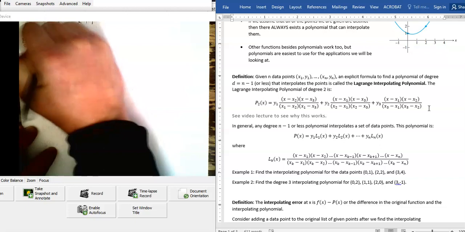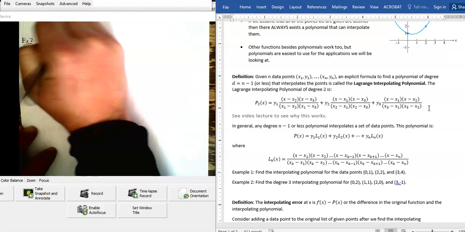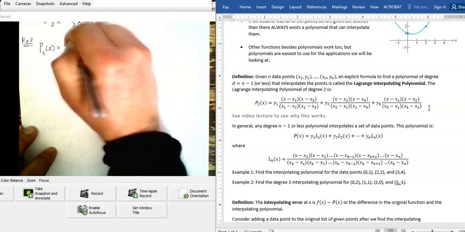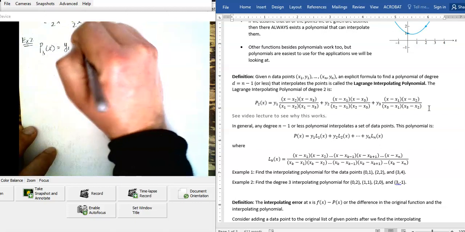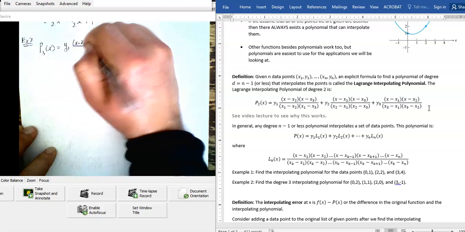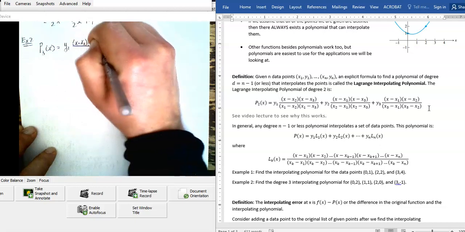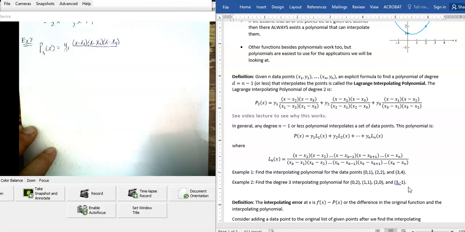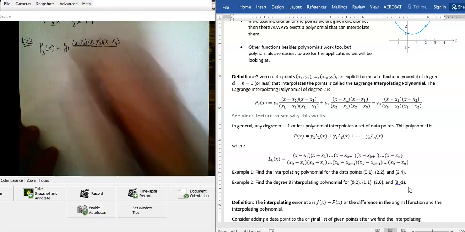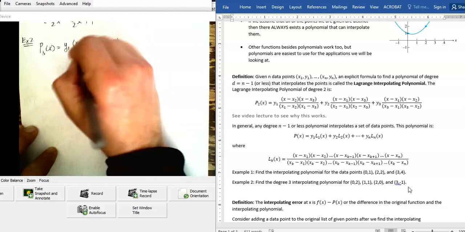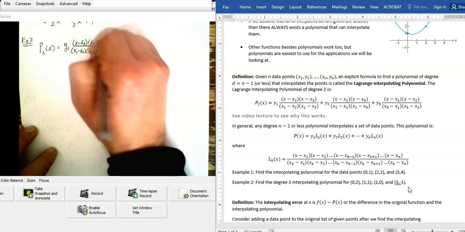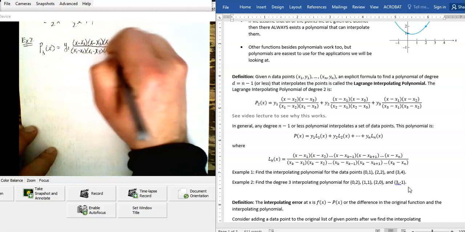So degree 3 interpolating polynomial in general will be y1 times x minus x2, x minus x3, x minus x4, over x1 minus x2, x1 minus x3, and x1 minus x4.